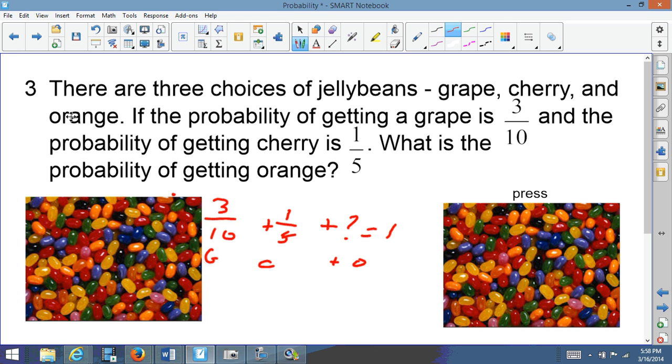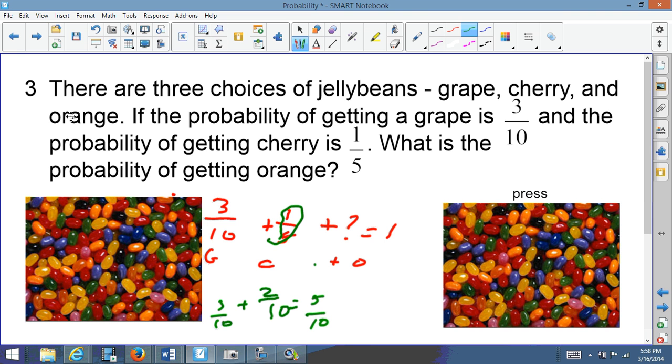If we have 3/10 plus 1/5, then let's change that 1/5 to 2/10. I multiplied the bottom and top by 2, and I add to that 3/10. That'll give me 5/10.